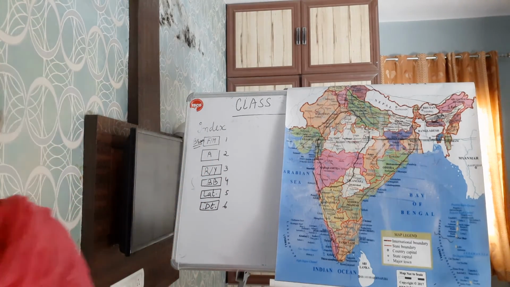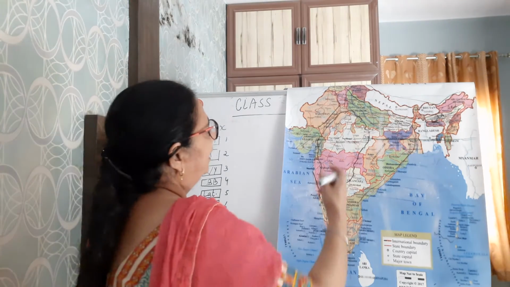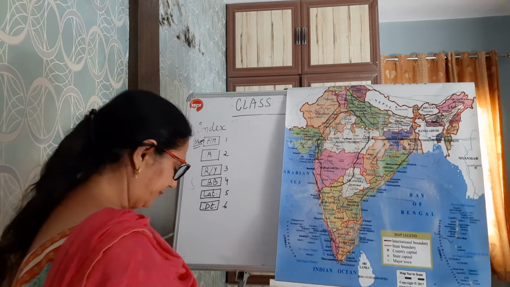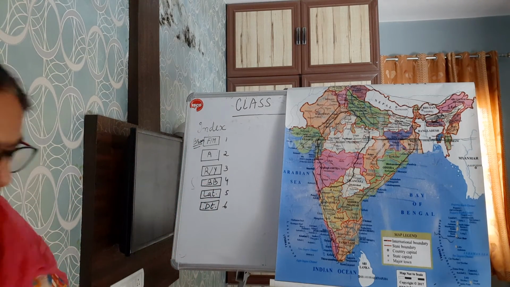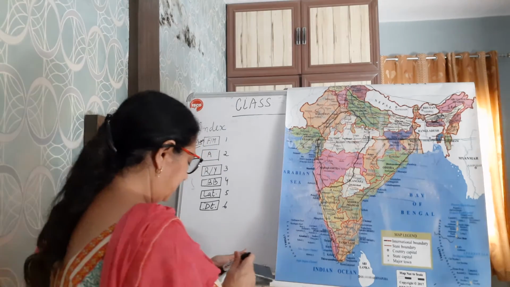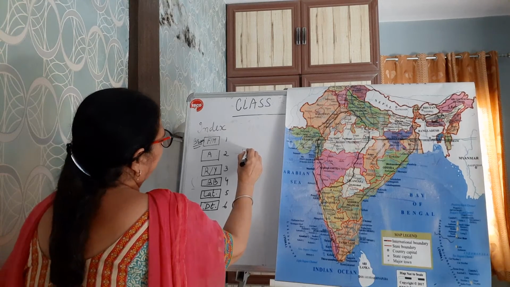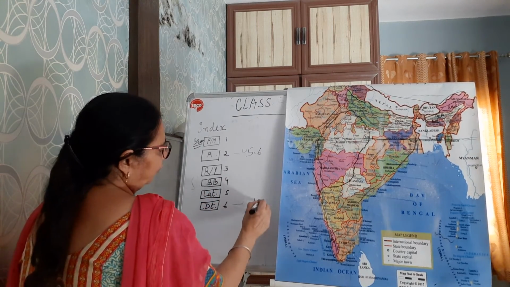Desert soil covers only 4%, whereas our alluvial soil covers an area of 45.6%. Alluvial soil 45.6%, desert soil only 4%.